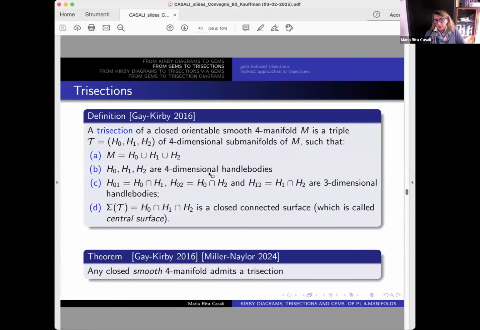In dimension 4, each smooth closed 4-manifold may be decomposed into 3 four-dimensional handlebodies, mutually intersecting in three-dimensional handlebodies, so that the intersection of all three pieces is a closed connected surface, which is called the central surface of the trisection.